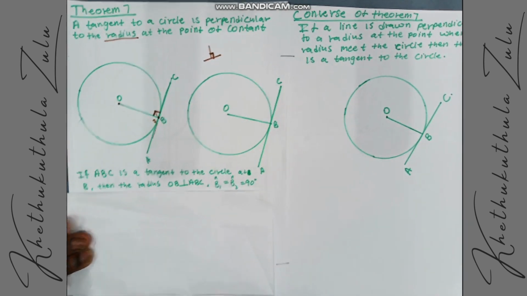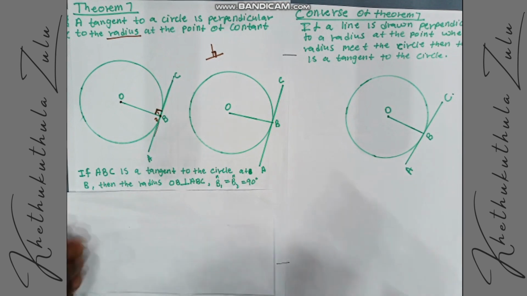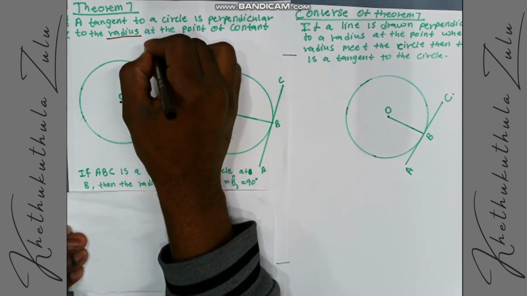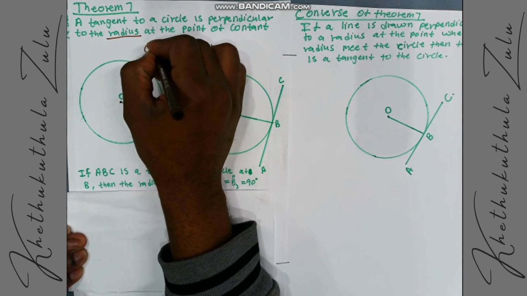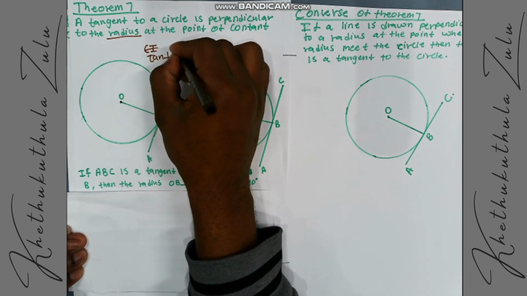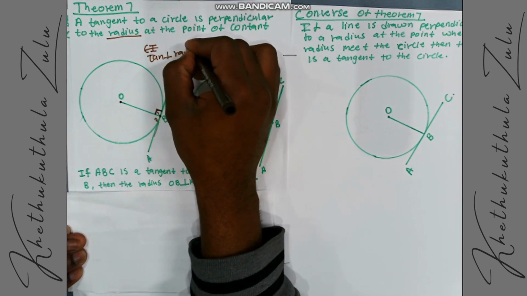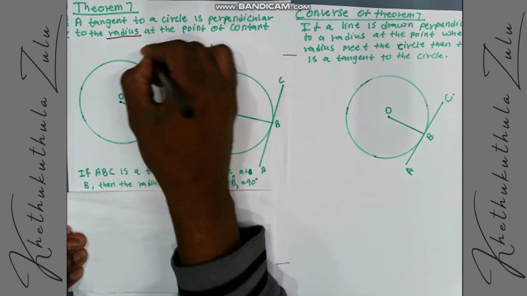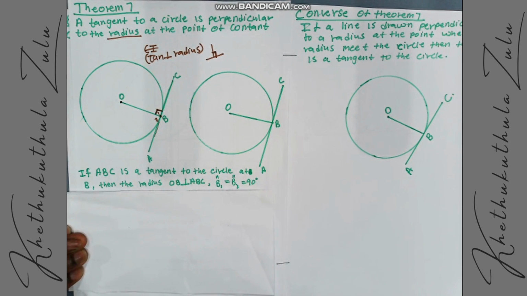What is the reason for this? It's tan perpendicular radius. That's the reason for this one. I hope you understand it.